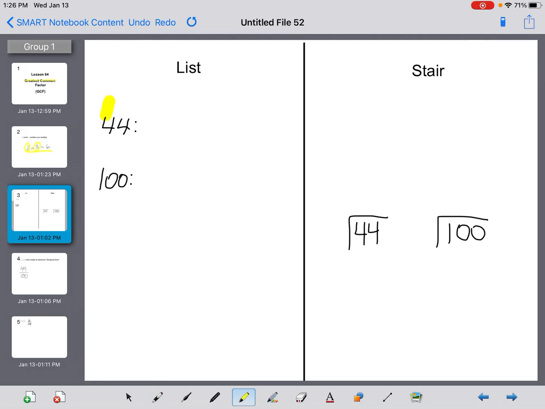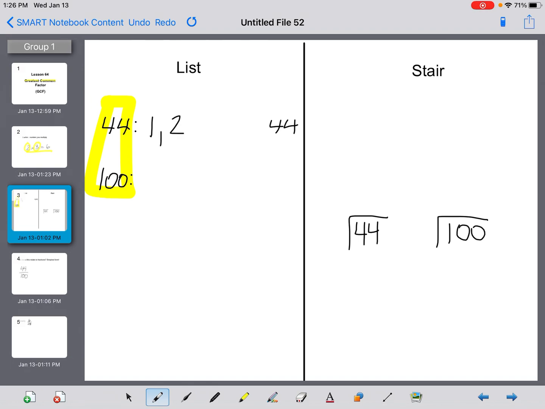So what you're going to be doing in your work today is you're going to be given 2 numbers and you're going to have to find the factors of that number. So for number 44, remember, we always start with a 1. 1 is always a factor of every number because you can always multiply 1 and the number itself to get that number. So 1 and 44 are both factors of 44.